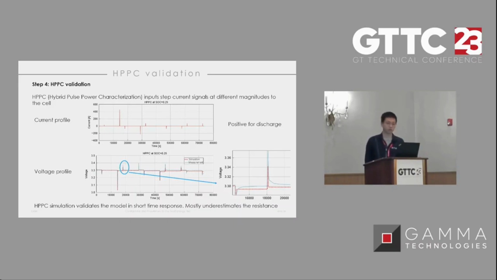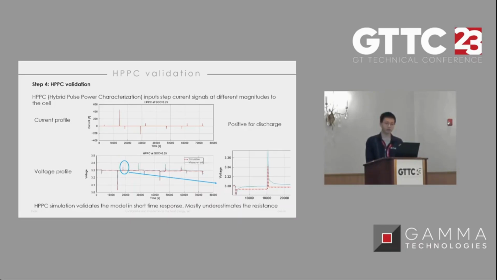Basically, the idea is to use different currents to excite the cells and observe the voltage response, in terms of how the impedance changes with respect to current, and also how the cell relaxes during this short pulse. The bottom is the voltage response corresponding to the top current.